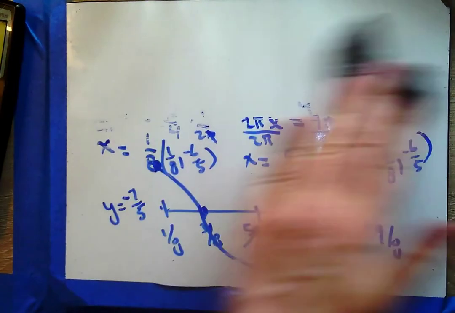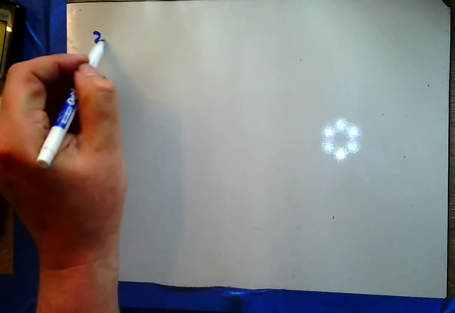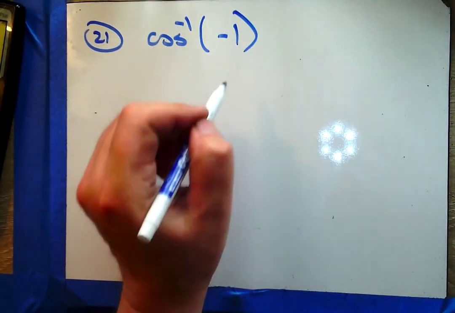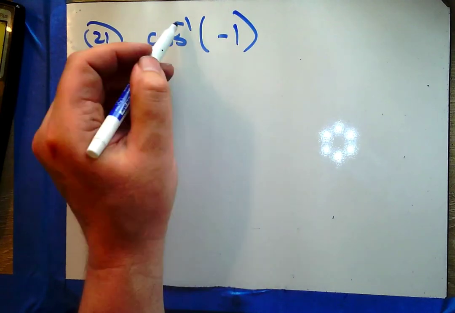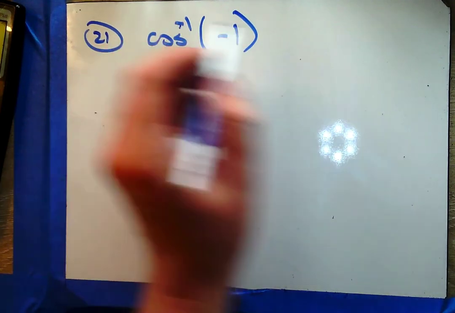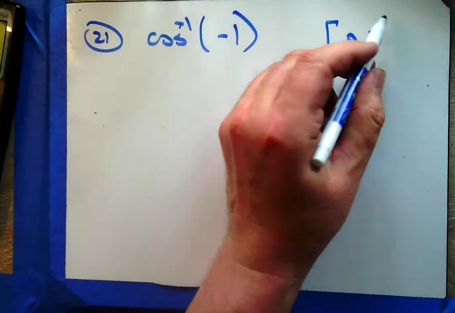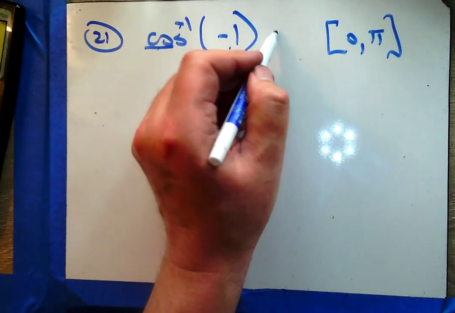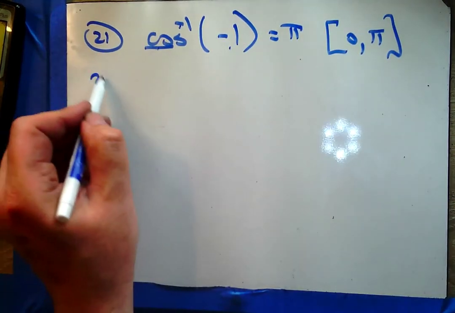Okay, 21. Evaluate without a calculator. Cosine inverse of -1. Well, what angle within the restriction, and the restriction for cosine is 0 to pi, has an x value of -1? Well, that's easy. That's pi. 22.